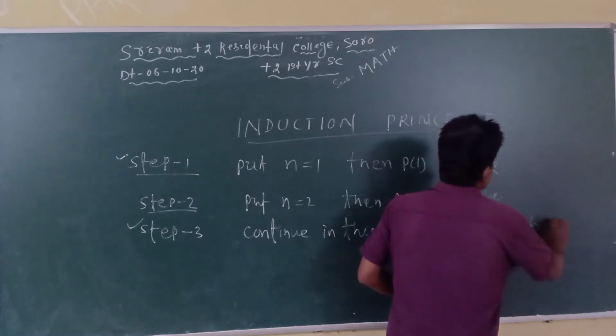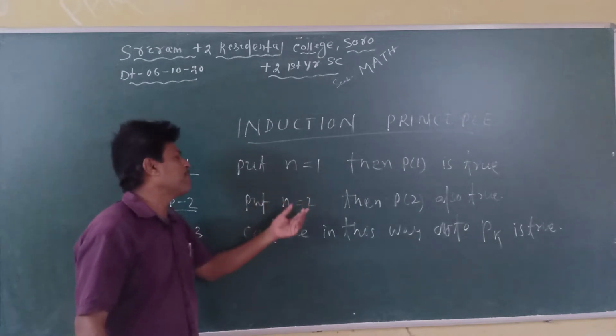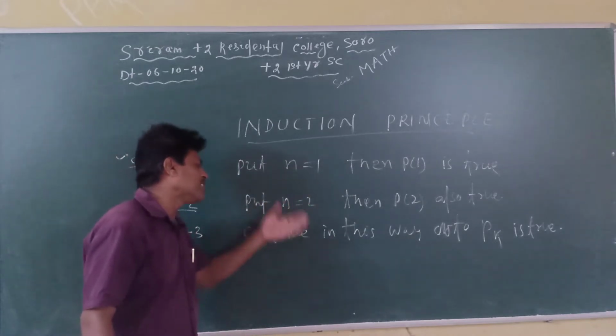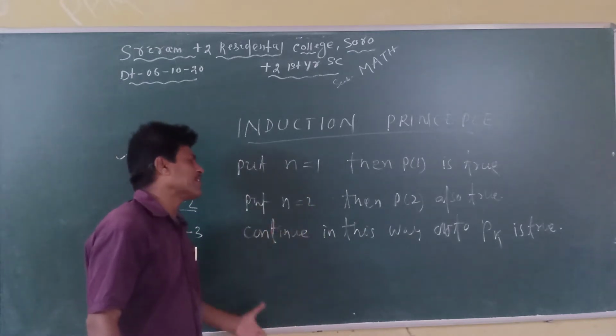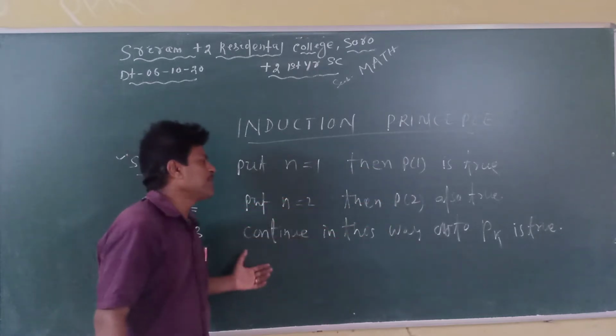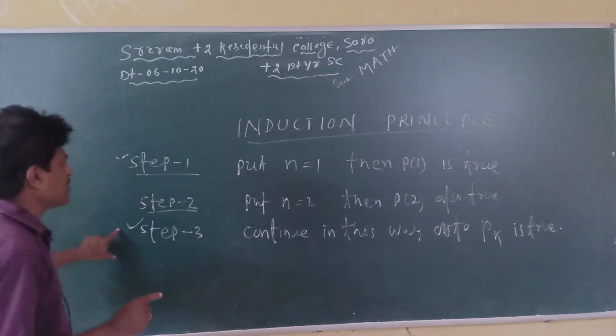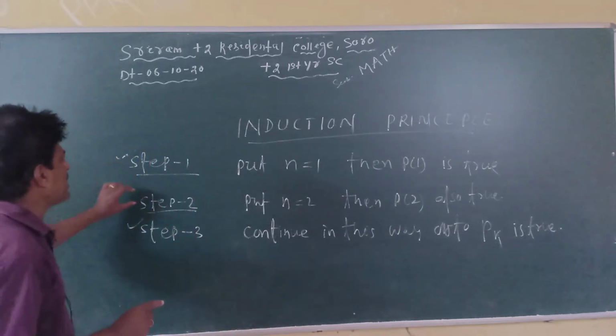What do you mean by that step? Put n equal to 1, n equal to 2, n equal to 3, continue in this way, 2, 3, 4, 5 and up to Pk: P1, P2, P3 up to Pk, that is, Pk is true. But those steps are the necessary steps, that is sufficient step.